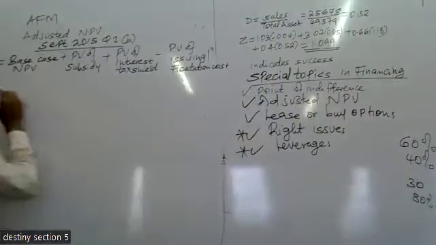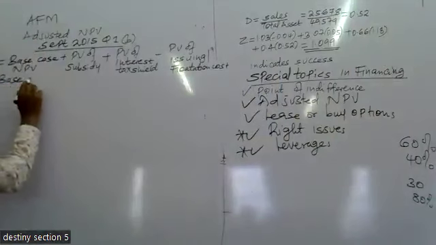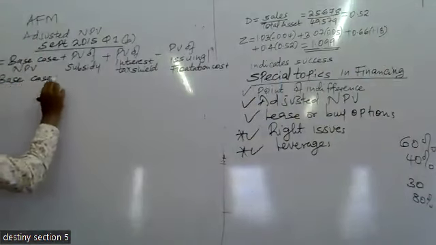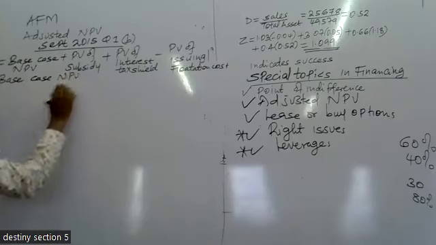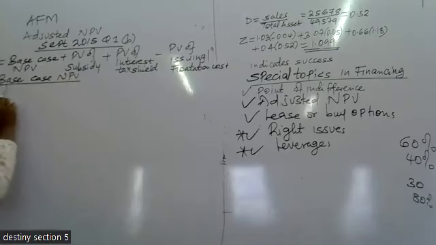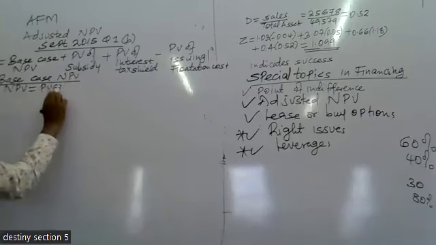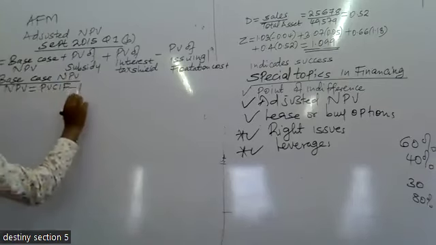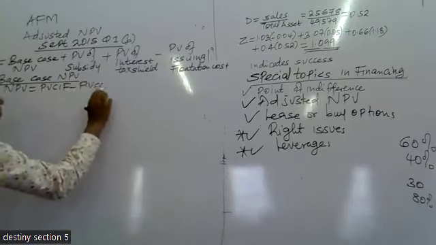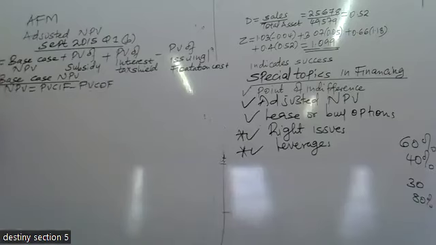So let's begin with our first step, which is to determine the base case NPV. As I've said, NPV is the present value cash inflow, you minus the present value cash outflow.